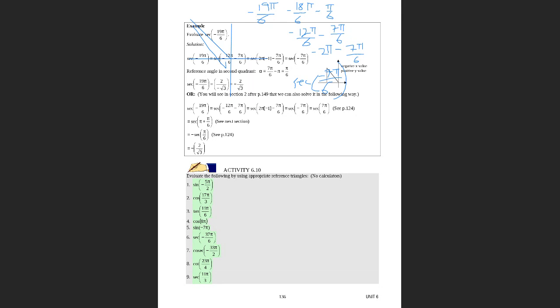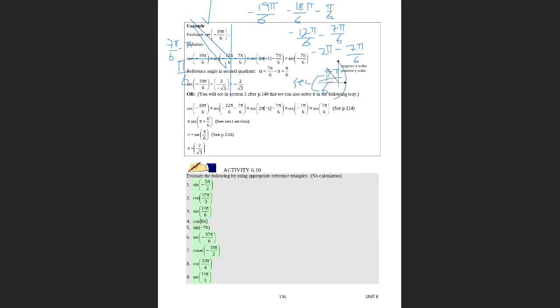When it comes here, your reference angle will be 7 pi over 6 minus pi, which will be pi over 6.